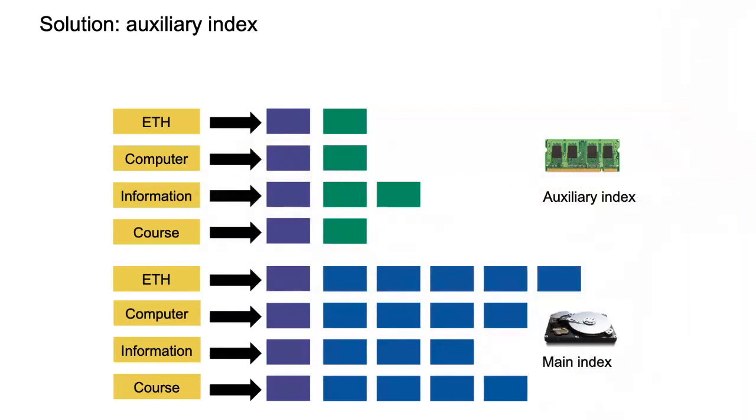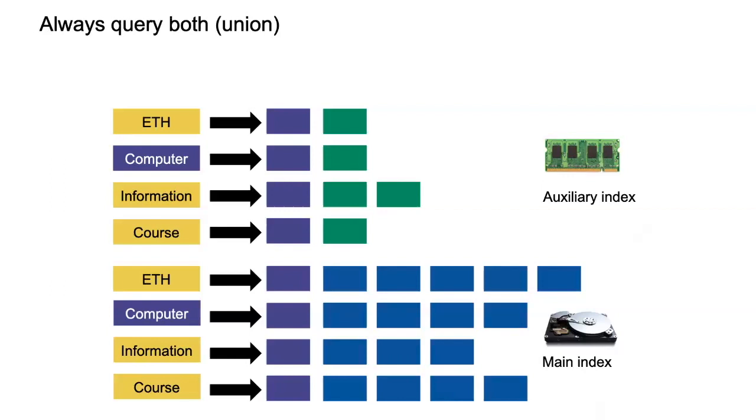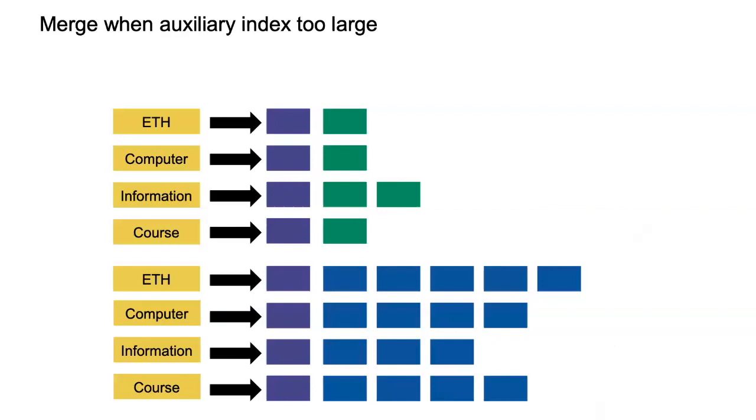What that means is that when somebody issues a query like computer, you need to look at 2 places. You need to check the main, long-term index, plus you need to check if there's something newer in the auxiliary index. You always query both.